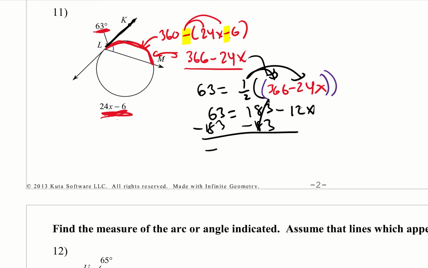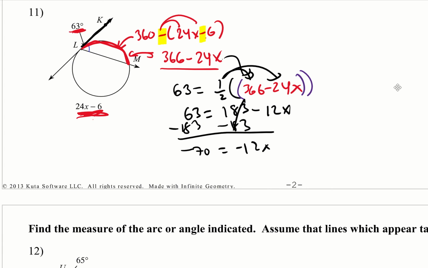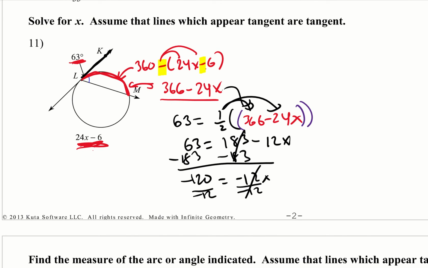And that'll give us negative 70 equals negative 12x. Oops, that's bad math there. This is not negative 70, it's negative 120. Then we'll divide by negative 12, and x is equal to, I'll leave that to you guys. Just calculate that, it's not too hard to do. And that'll give you x.